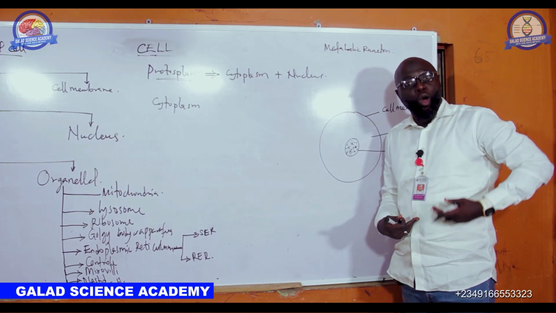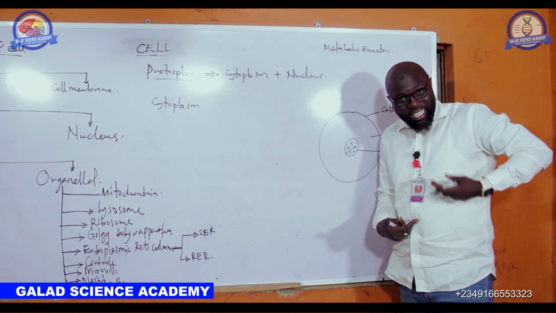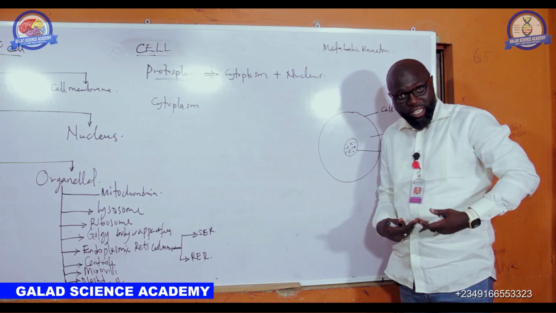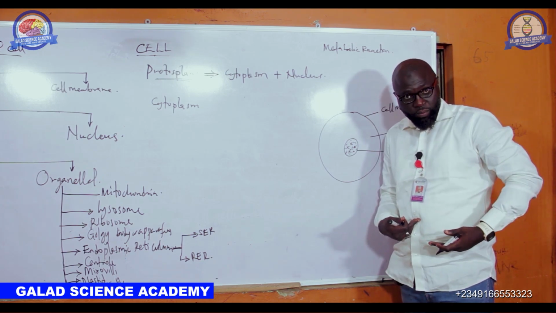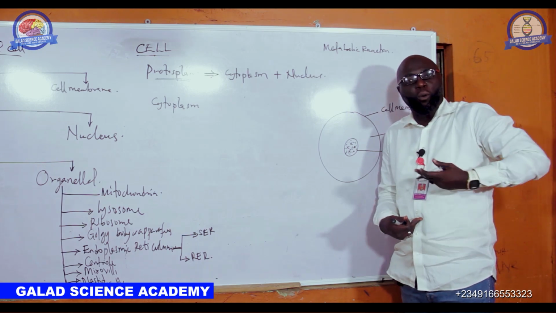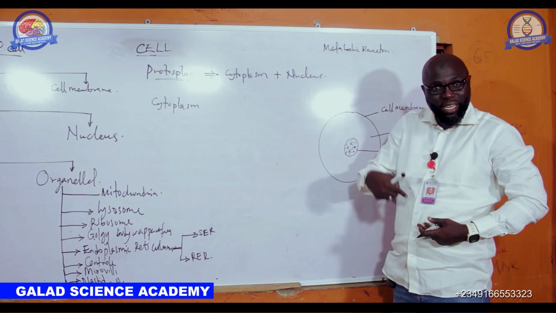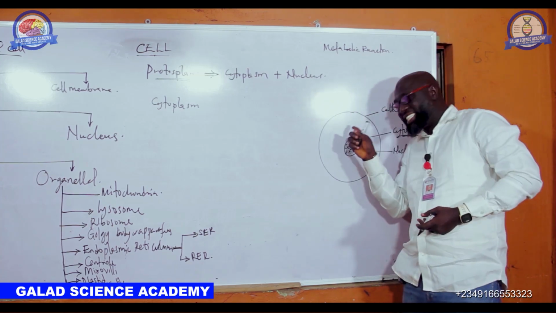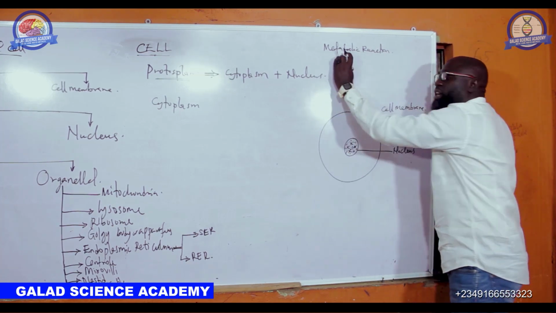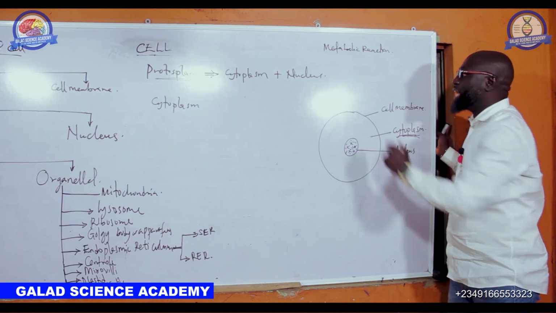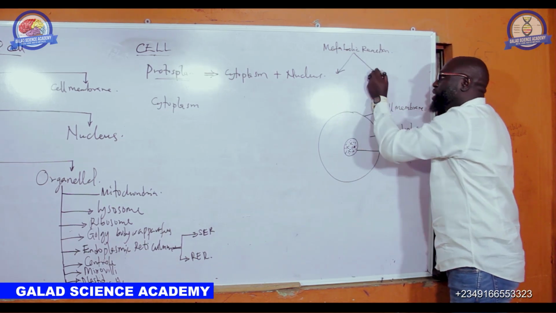All those reactions taking place in my body, digestion, respiration, excretion, reproductive system, circulatory system, all those reactions that take place within my body or in this living cell are called metabolic reaction.